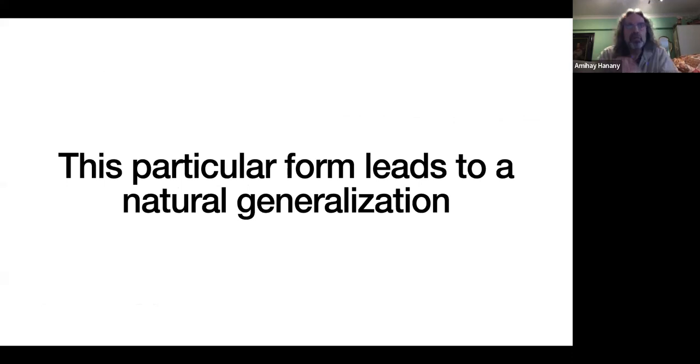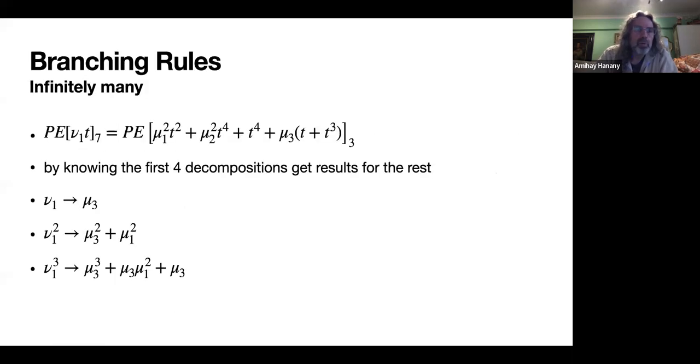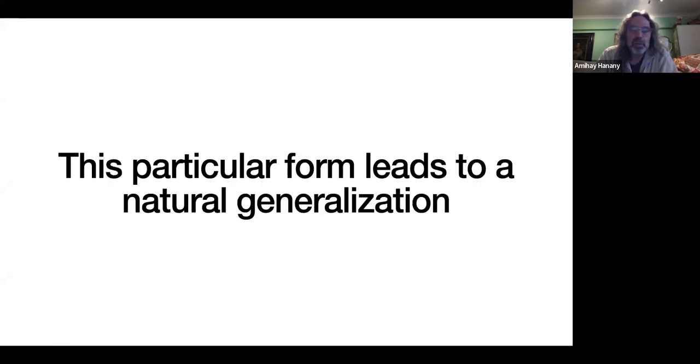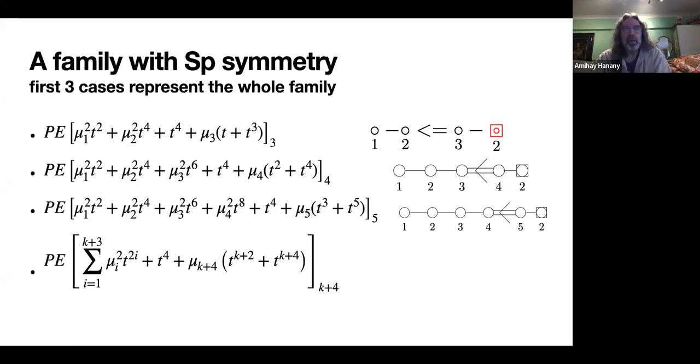So this particular form that we have, and I'm going back to my Quiver here, leads to a generalization. There is a natural generalization. Because I had this C3 here, and I had this node which is imbalanced. And this is C3, so I can make it C4 and make all of the nodes of C4 balanced. So this gives me no choice. There must be 1, 2, 3, and 4.